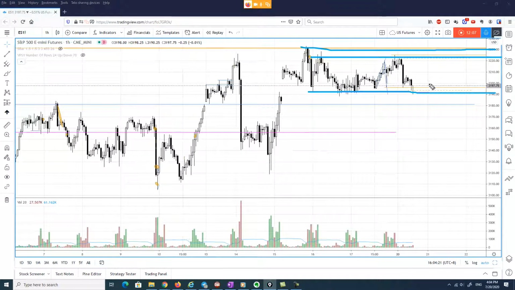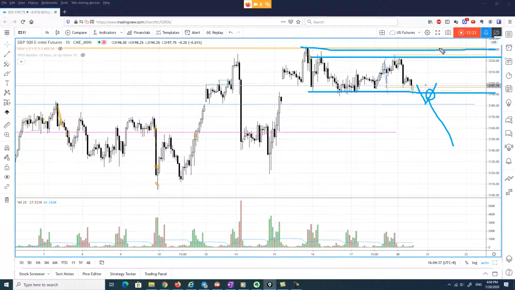So I'm actually looking at maybe a test or a spring or deeper spring to 3180 and reverse. So this could become a potential long entry.